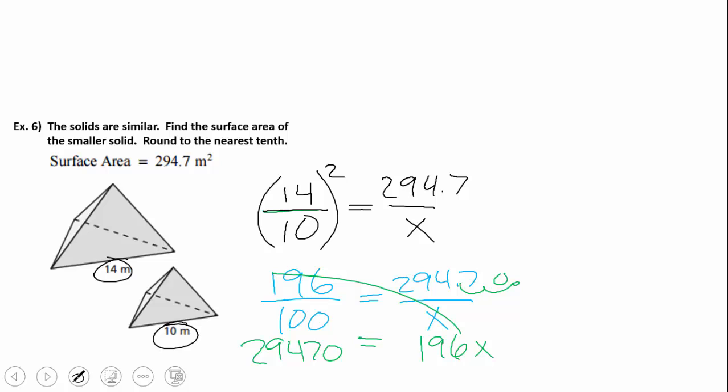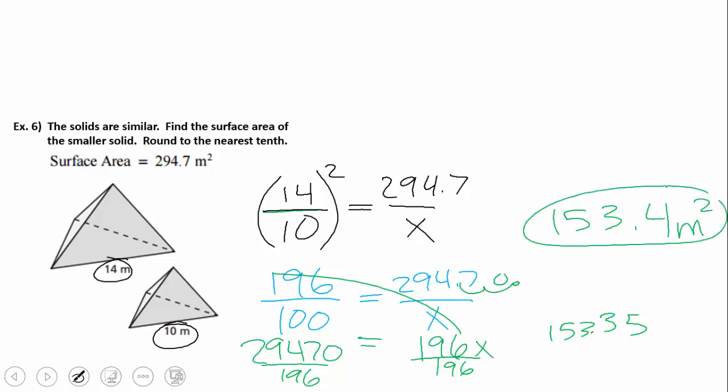So you take 29,470 and you divide it by 196 and you get 150.35, sorry, 153.35, and so this one we can round to the nearest tenth, and our final answer will be 153.4, and our dimensions are meters squared, and so that's how it's done.